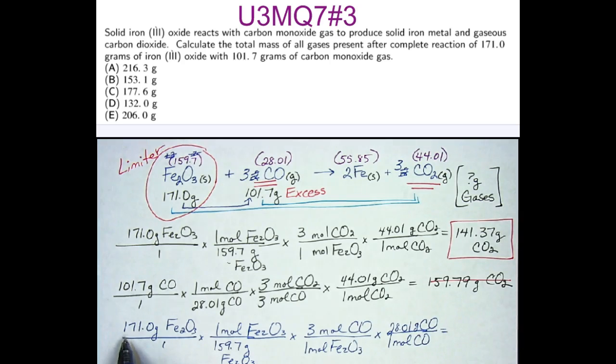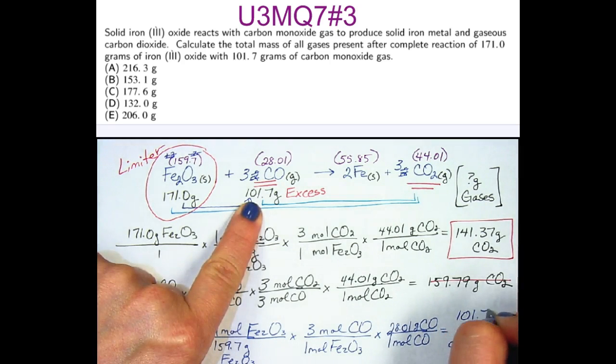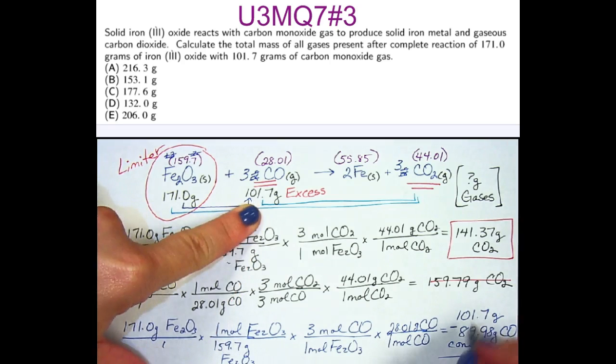So 171 divided by 159.7 times 3 times 28.01 is equal to 89.98 grams of carbon monoxide consumed. We have this amount here, 101.7 grams to start. So if I use up 89.98 of the 101.7, then I will have left over 11.72 grams of carbon monoxide.